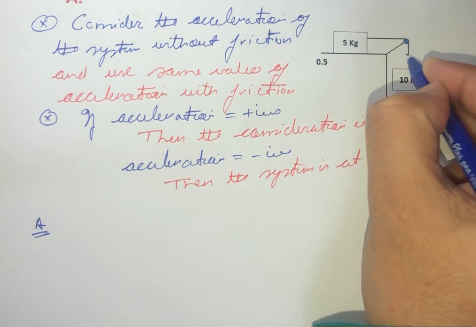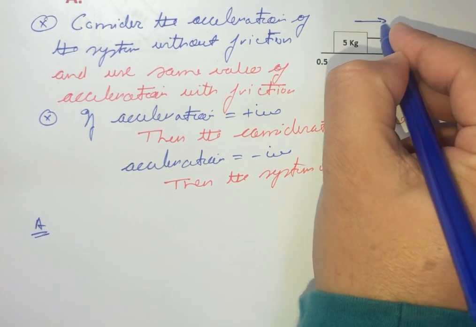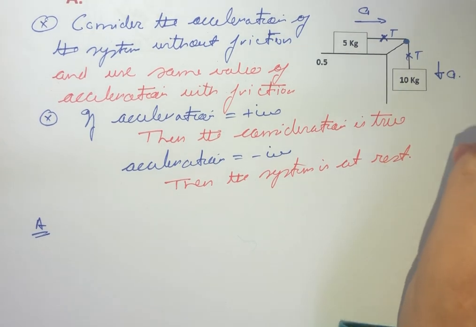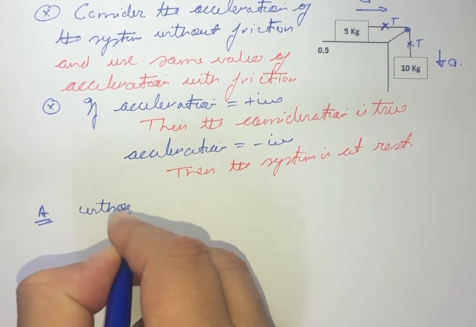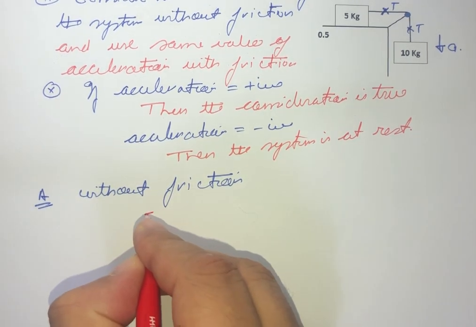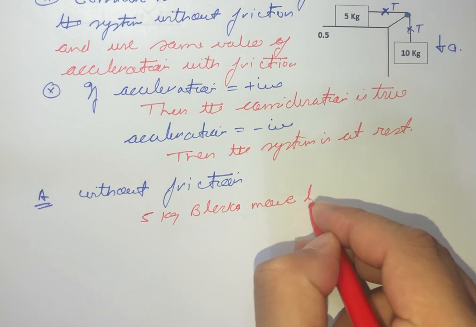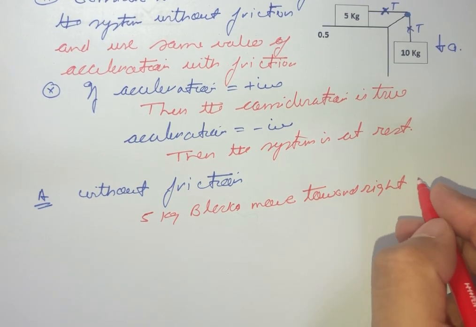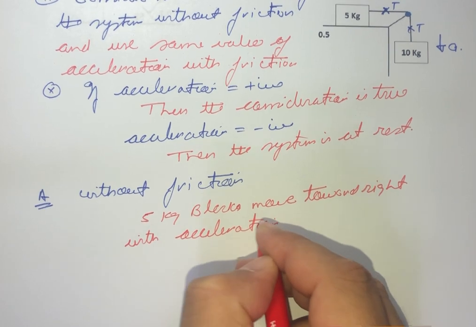Let us say there is a tension T here as well as T here, and we assume that without friction the 5 kg block moves towards the right with acceleration A, and the 10 kg block comes down with acceleration A.